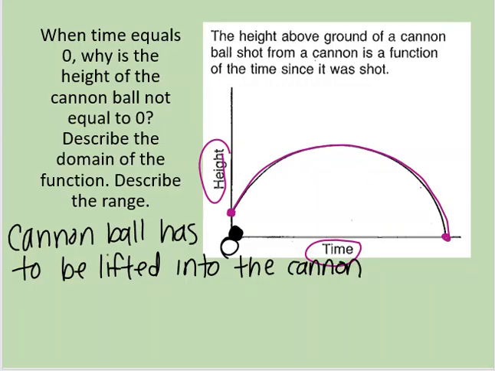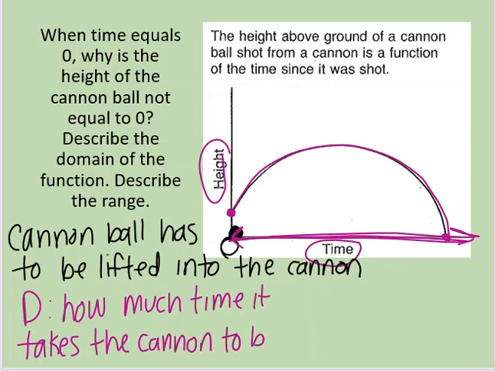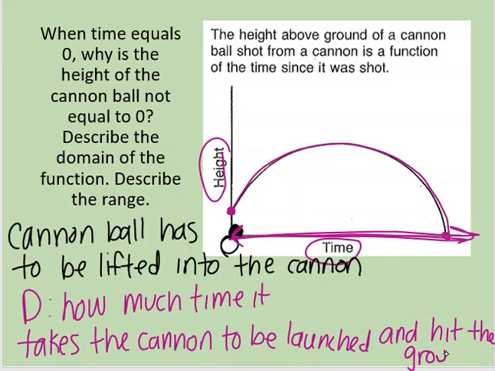Okay? And then if I wanted to describe the domain and range, the domain is our x here. So it will be how much time it takes the cannonball to be launched and hit the ground, right here.